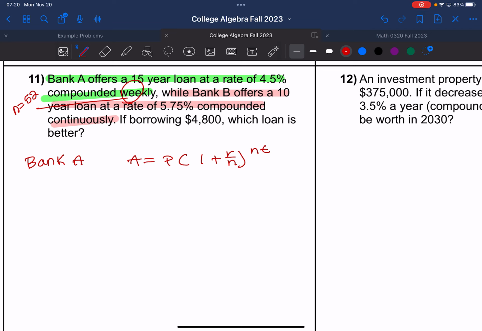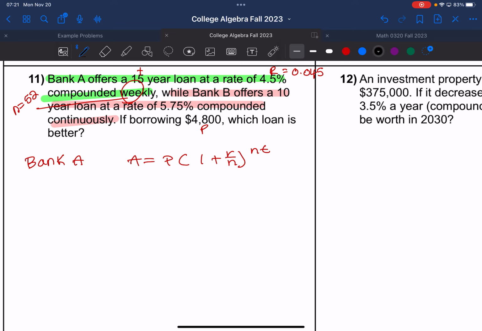What is going to be our P value? 4,800, and that's going to be the same for both because that's what we are borrowing. Our rate for Bank A is going to be what decimal? 0.045. And then lastly is our time. Our time is going to be what number? 15.